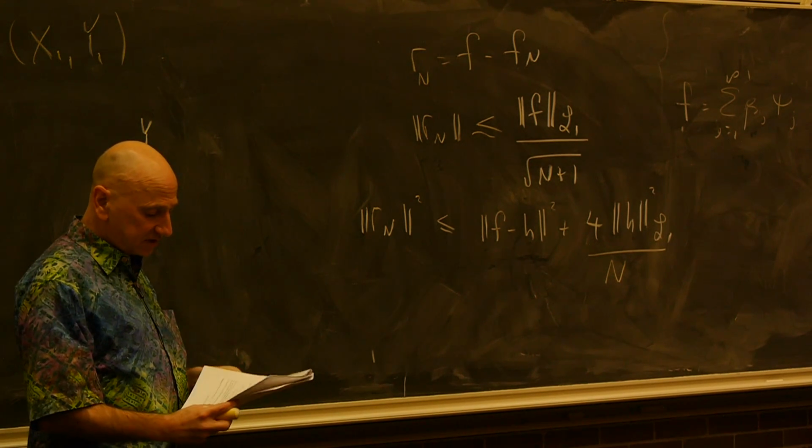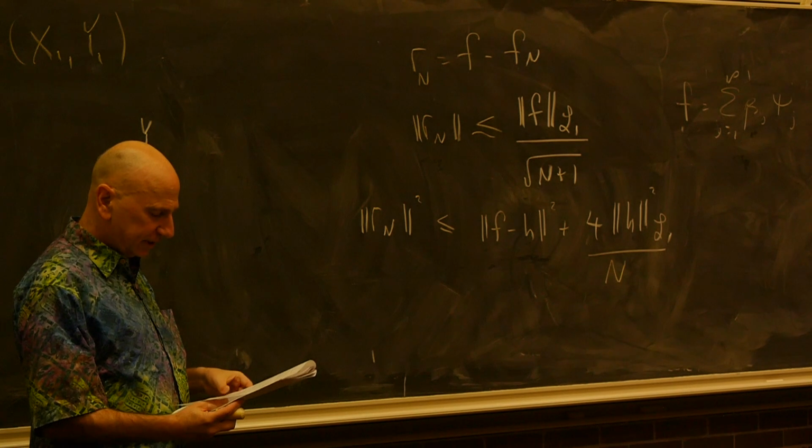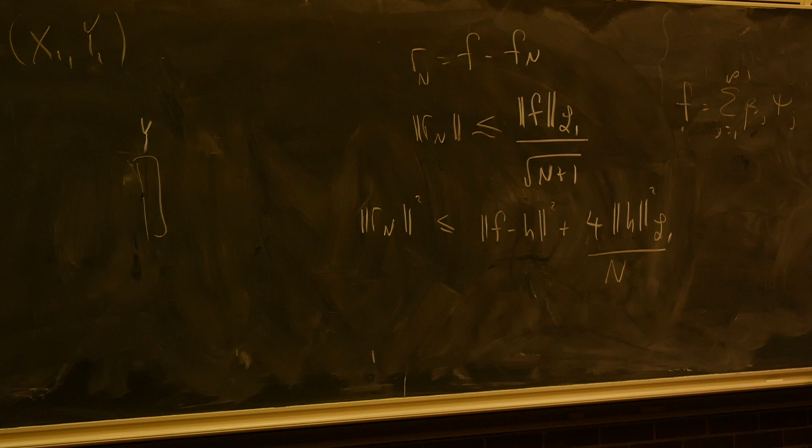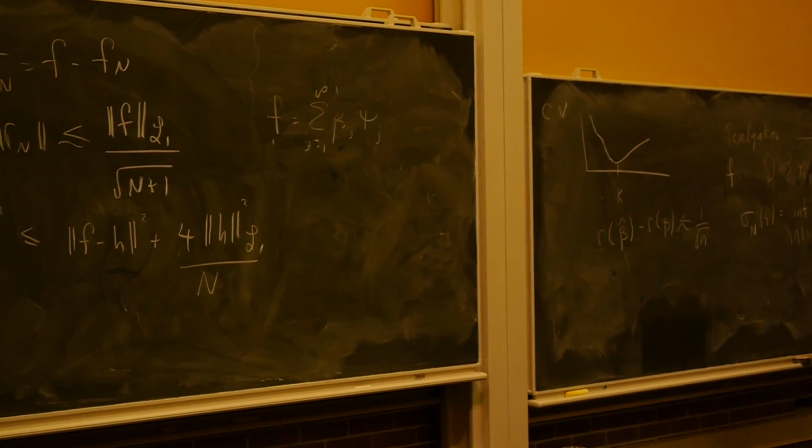The nice thing about these two results is the proofs are, I almost considered doing them in class, but I decided against it. But the proofs, I put them there. They're complete. They're not very long. Very elegant, simple proofs just using properties of norms and things like that. So let's summarize.